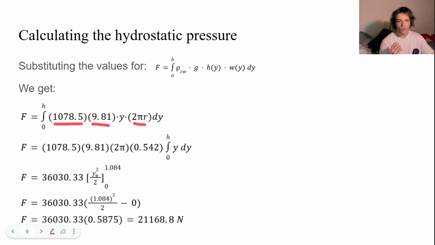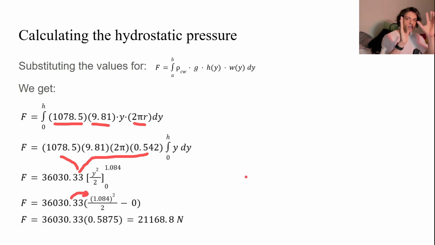We take the integral of y, so it's going to be y squared over 2, and then we substitute the value for h here, and then we substitute 0 into the formula and we get 0, and then we substitute 1.08, sorry, into the y, and we get this. After we got the value of these together, we multiply it with this after subtracting, so minus 0 is going to be the same number. After multiplying everything together, we get around 21,168 Newtons. So this is the force that's going to be acting generally on the inside of the cylinder.